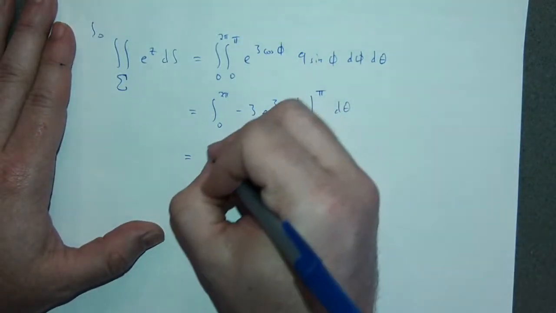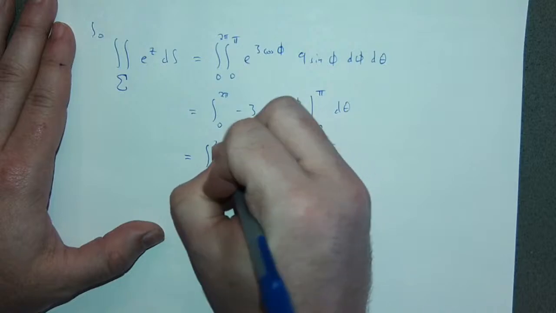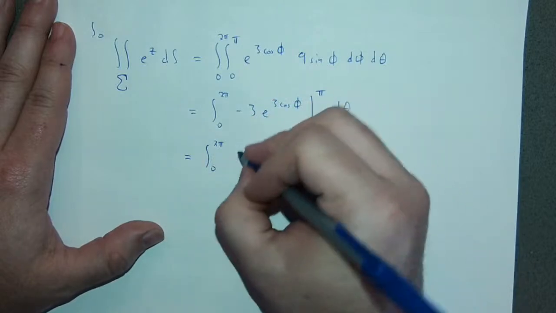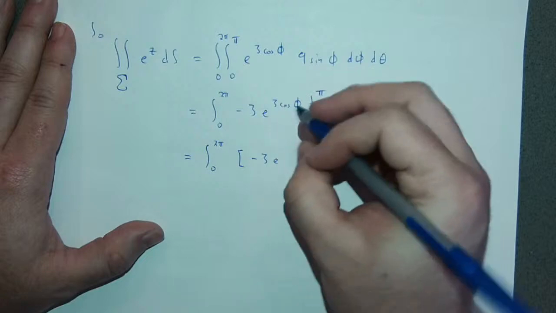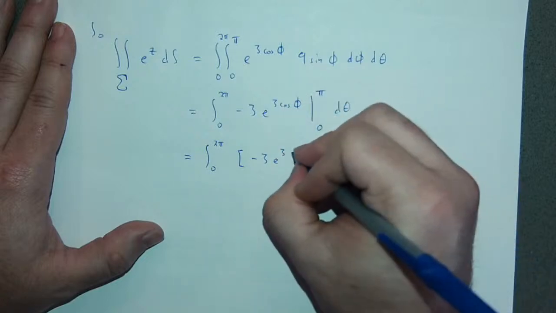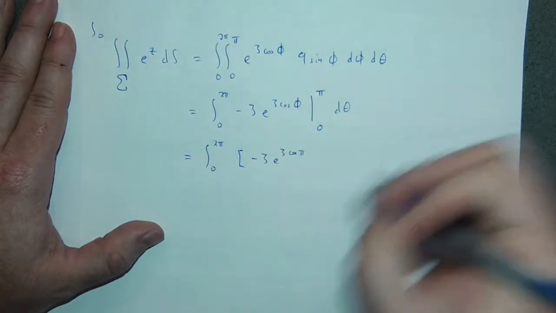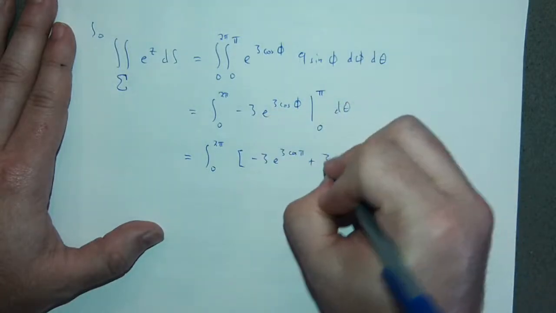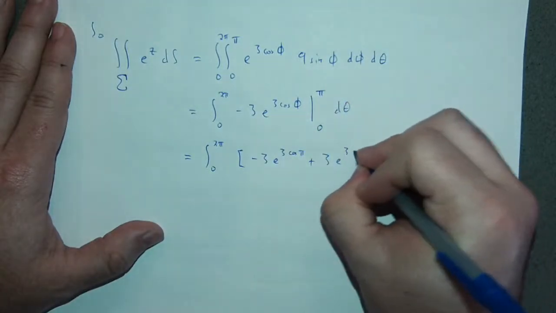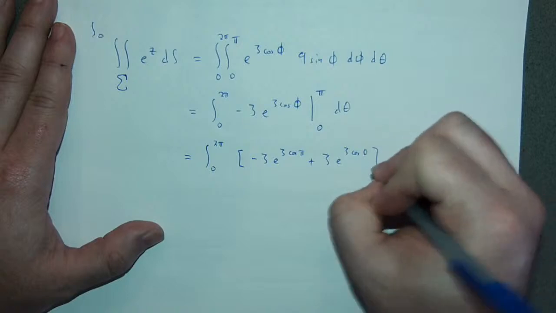So this would be the integral from 0 to 2 pi of minus 3e to the 3 cosine pi plus 3e to the 3 cosine 0.